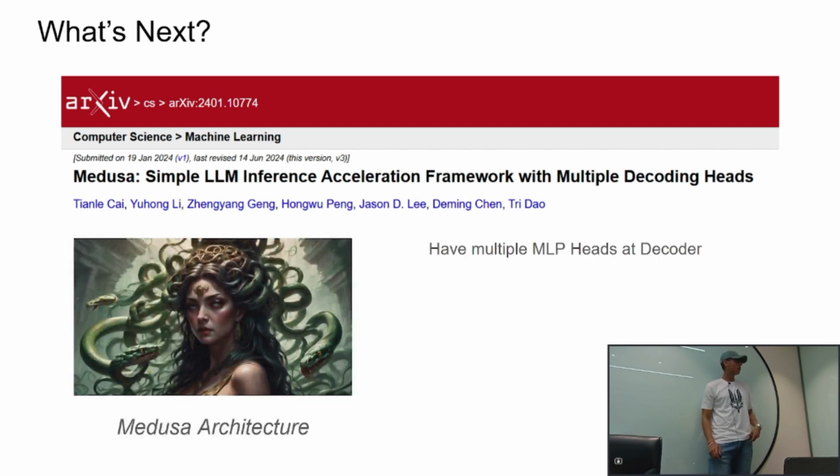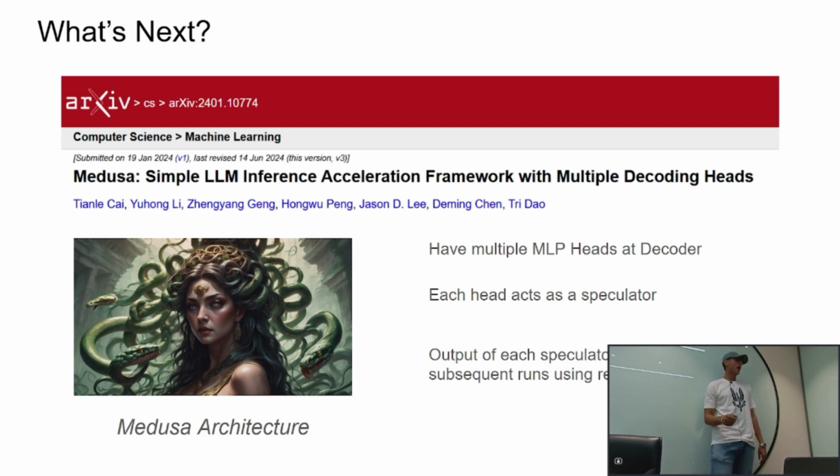What Medusa says is that instead of having just one MLP head at the decoder end, you have multiple MLP heads at the decoder, and each of these Medusa heads will act as a speculator, and the output of each speculator head can be given as an input to the model itself to verify in the next stage.